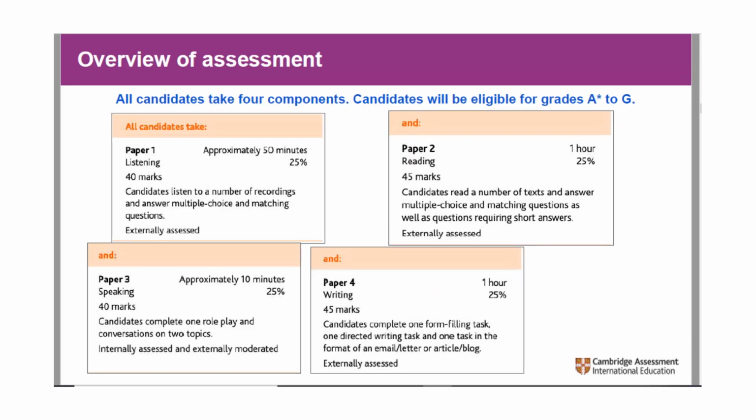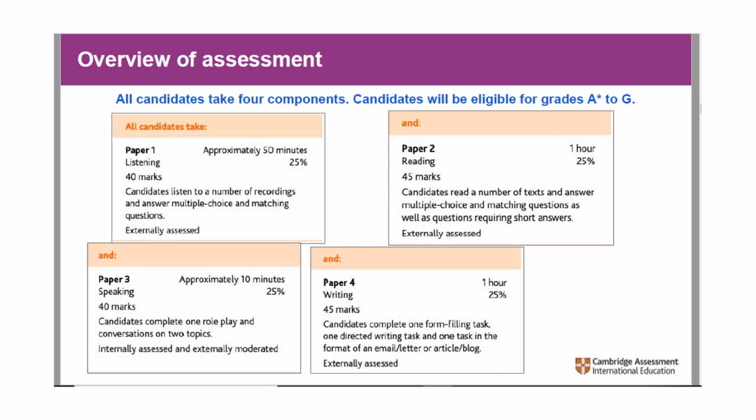So before I end the video, this is an overview of the assessment. There are 4 components and it is graded from A star to G. Okay, there's paper 1, paper 2, paper 3 and paper 4. All are 25%.